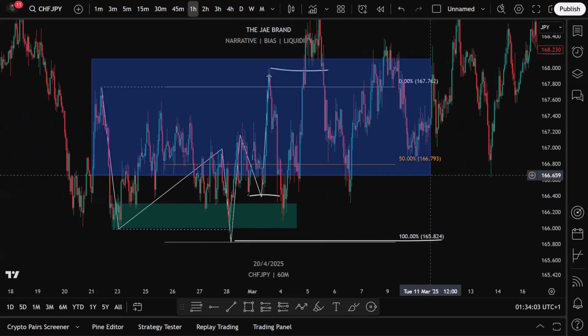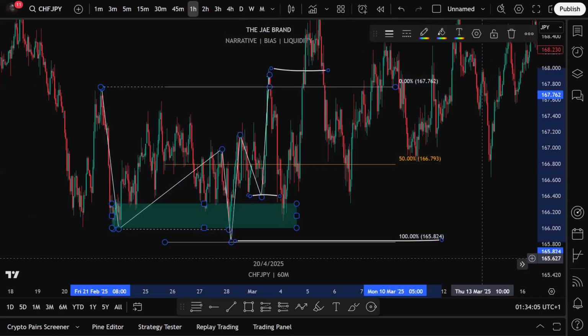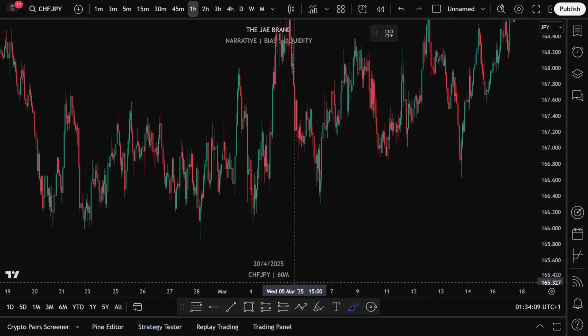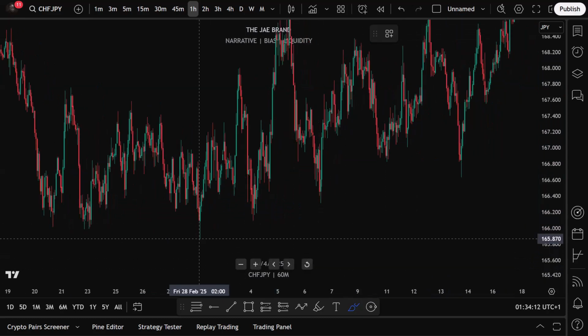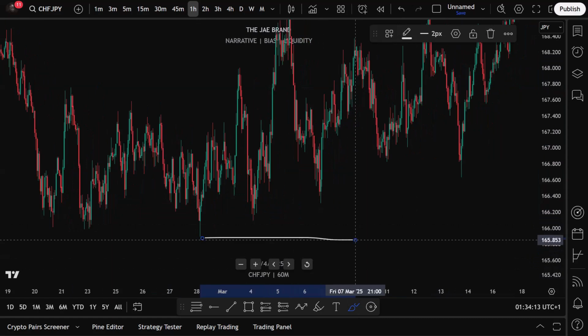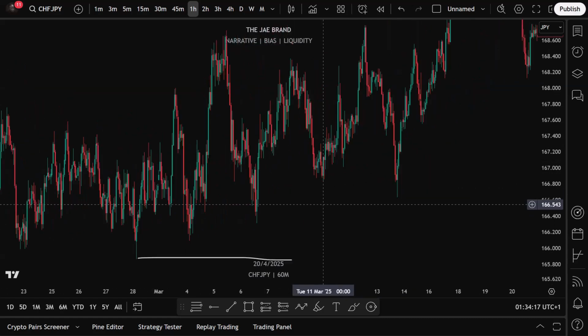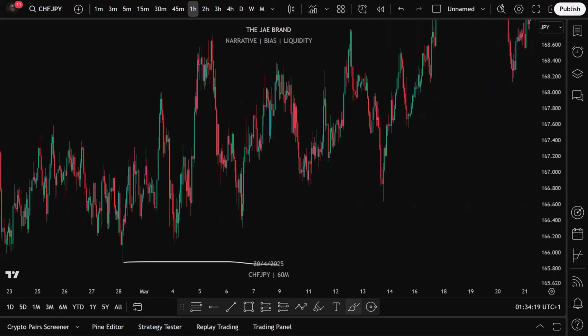Let me wipe here off. We can see that there are still others. Now this low is protected. Okay, now we can see another swing structure, which is, this is the sweep.